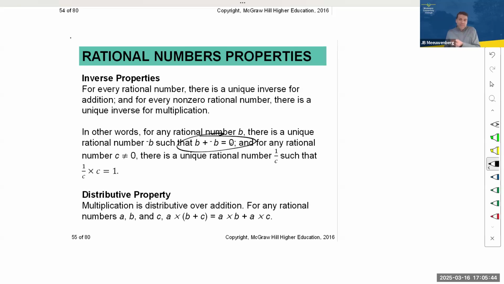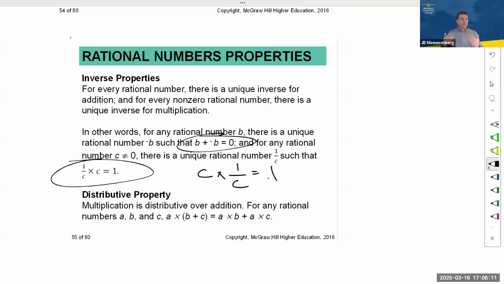Remember, inverses, when you add them, equal 0, and inverses, when you multiply them, are equal to 1. So the inverse for multiplication is when you take the reciprocal, right? So if you have some rational number C, its inverse is 1 over C. And when you multiply those, you'll always get 1. So rational numbers have inverses.